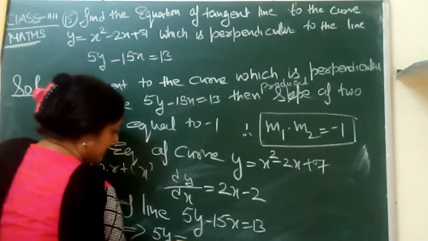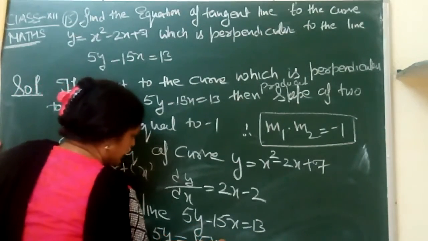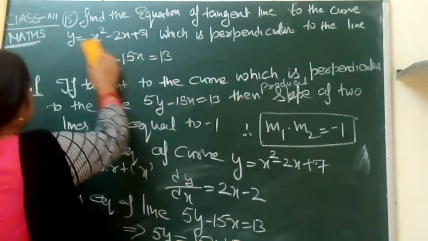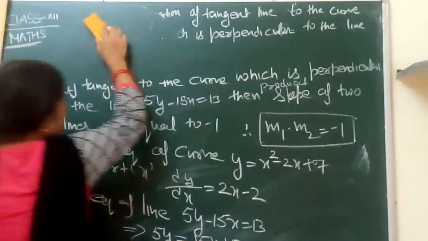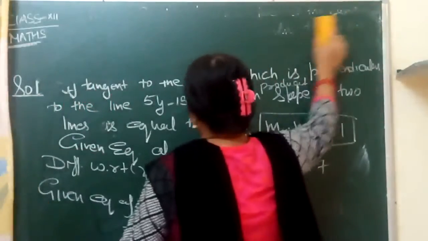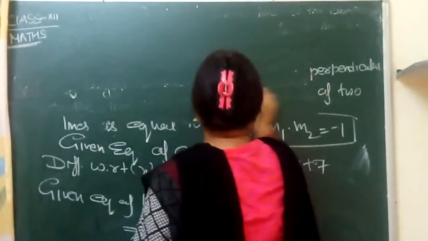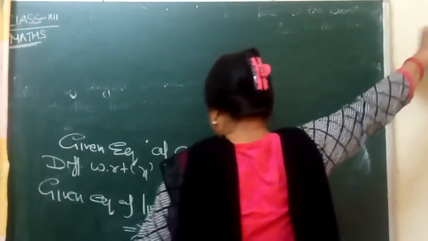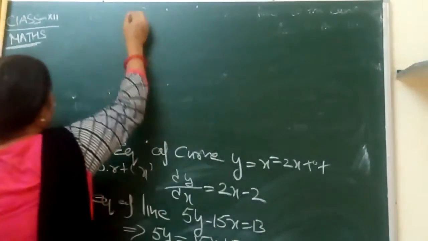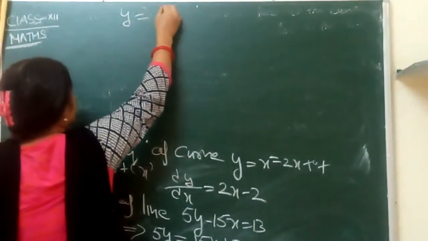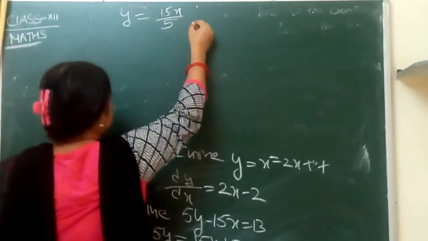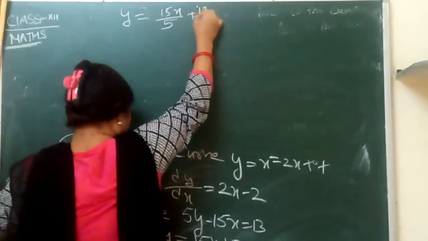So 5y = 15x + 13, so we can write y = 15x/5 + 13/5.